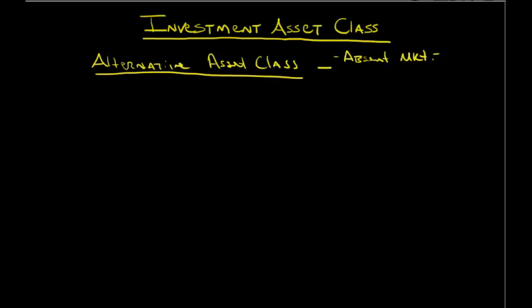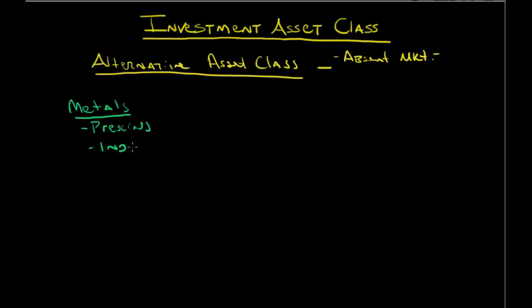Well, let's go through some of these. What would we come up with if we were to look at alternative investment classes? Well, we have things like metals. And would it surprise you that they would have subclasses here? So you could get precious metals, or you could get industrial metals.